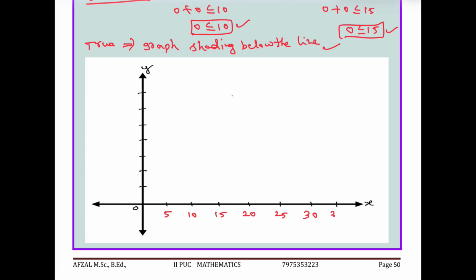Now according to the condition, if f of 2a minus x equals f of x, then the integral 0 to a f of x dx plus this becomes the integral 0 to a f of x dx. Now both are the same, so it will be 2 times the integral 0 to a f of x dx.